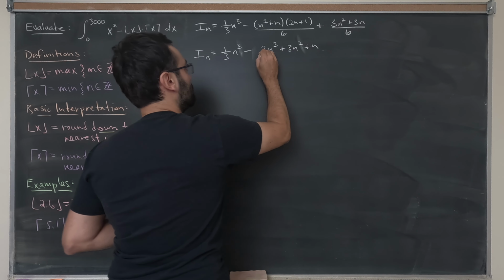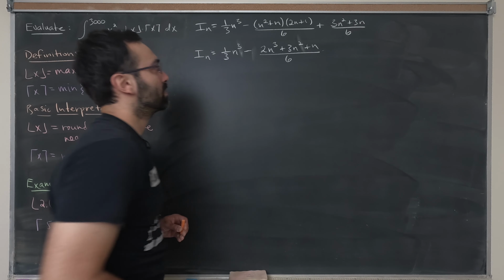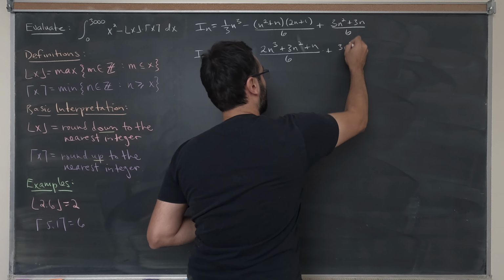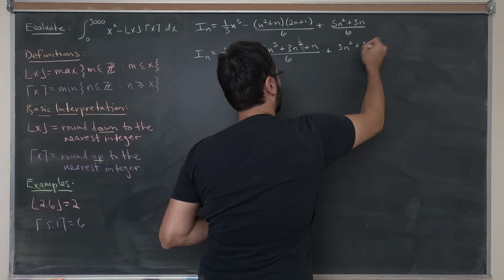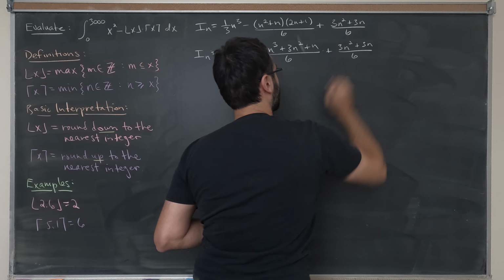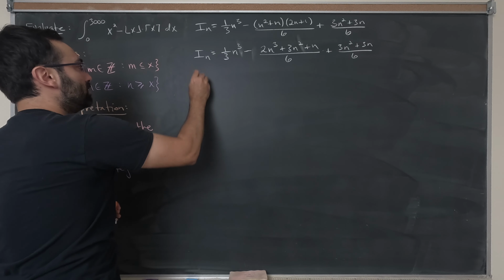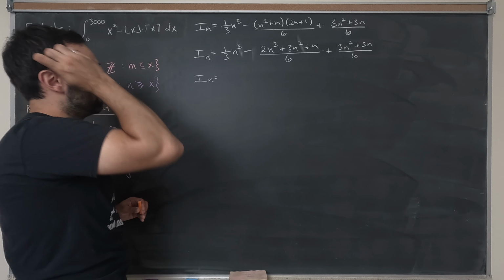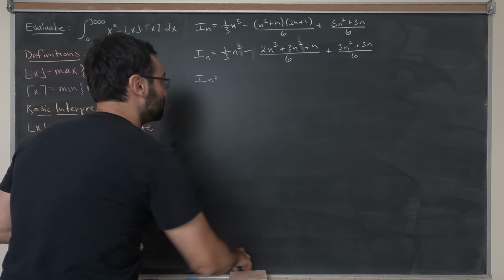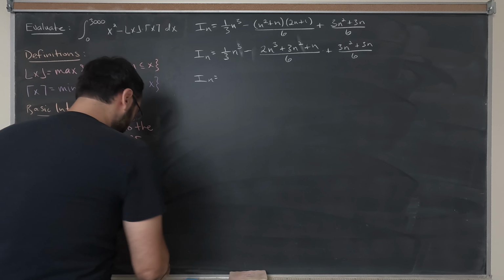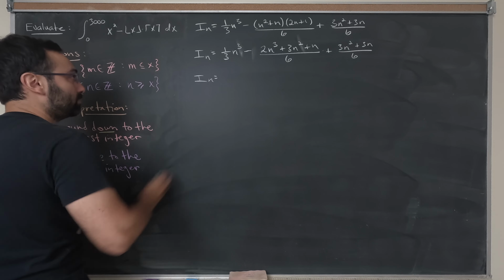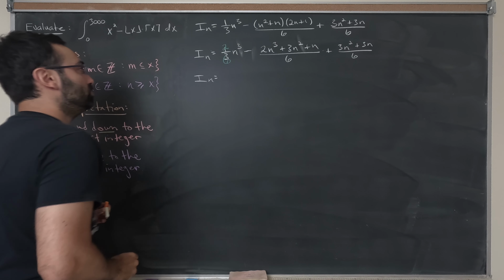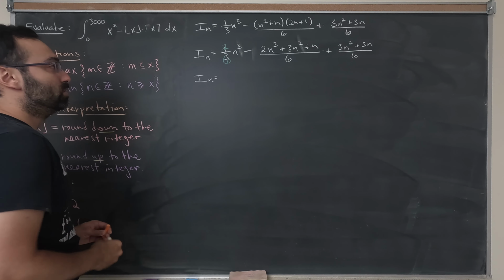This is all divided by 6 plus the last fraction. Okay, well, let's combine these two fractions with that denominator of 6. And we could even do the same with this one. We can simply make this a 6 and this a 2. So we have the following.